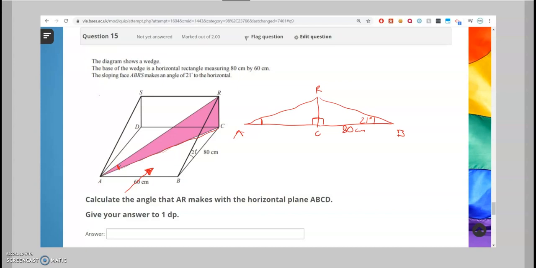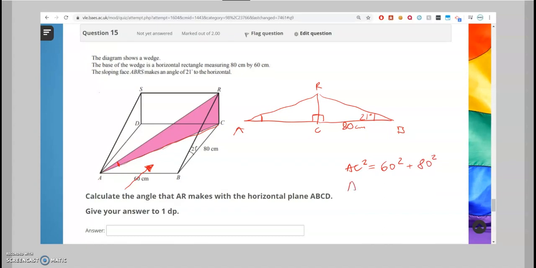So we could do AC squared is equal to 60 squared plus 80 squared. So AC squared is equal to 10,000. So AC itself is the square root of 10,000, which is 100. So this is equal to 100 centimeters.